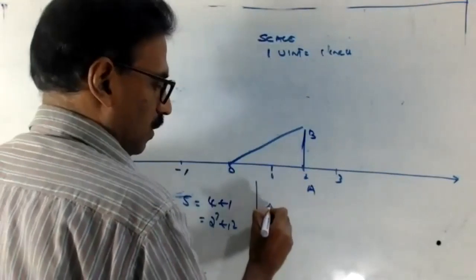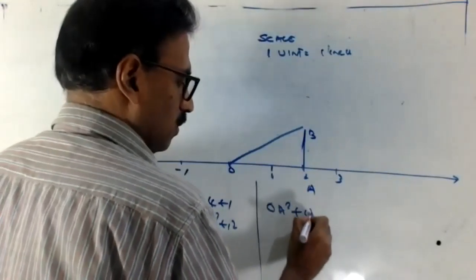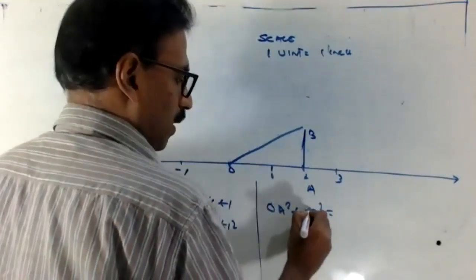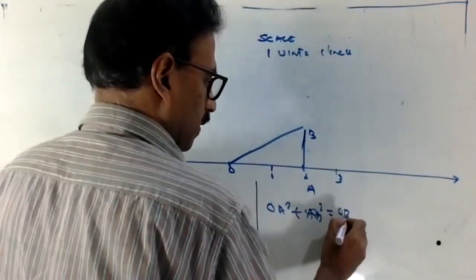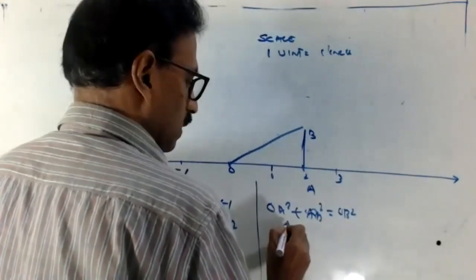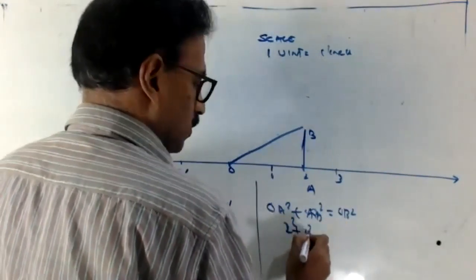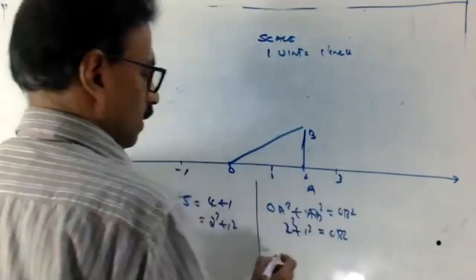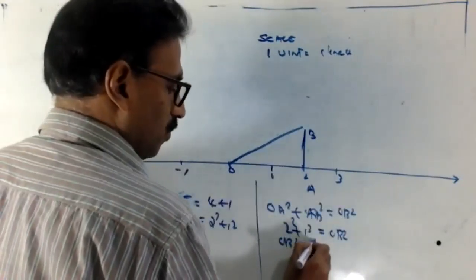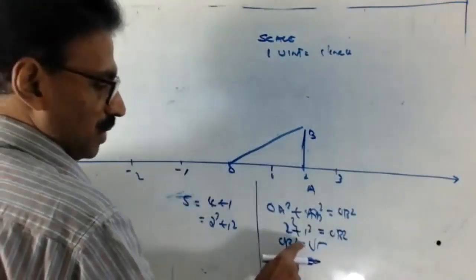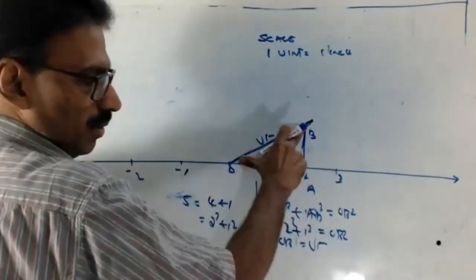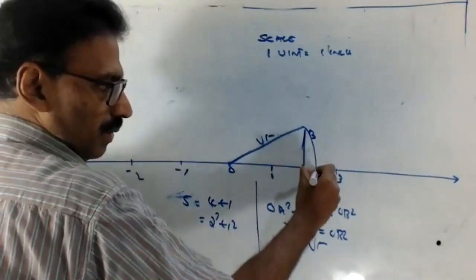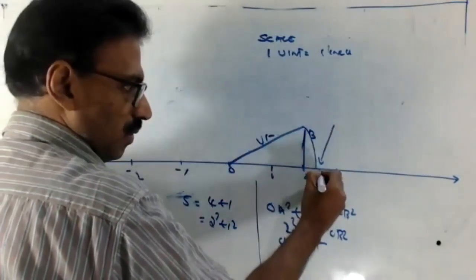Then OA square plus AB square equal to OB square. So 2 square plus 1 square equal to OB square. So OB square equal to 5, OB equal to root 5. This is root 5. Then like root 2, draw arc here. Then this will be root 5.